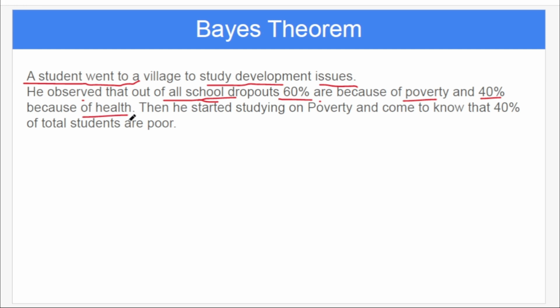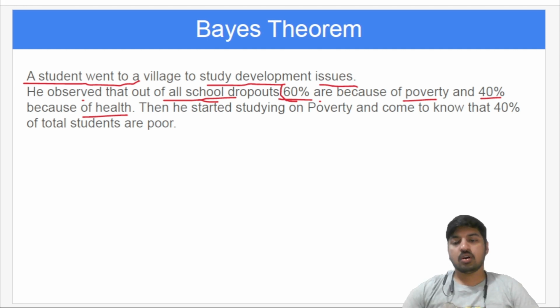If there is no good health, the student might be having problems, and that's why dropouts. But the majority, 60% of the school dropouts, are only because of the poverty of that family. So that family is not able to send their children to school. So this is what you have come to know.